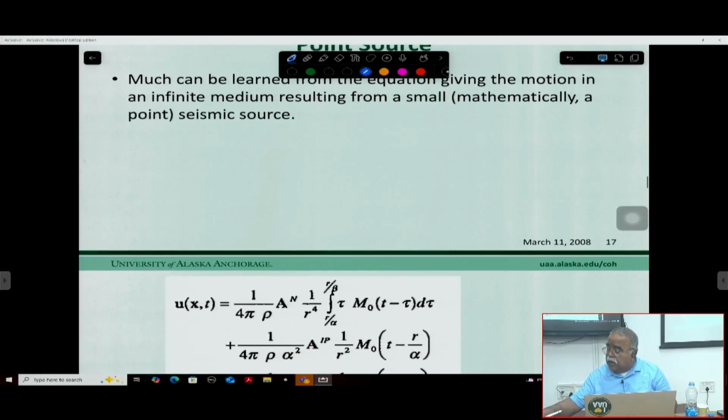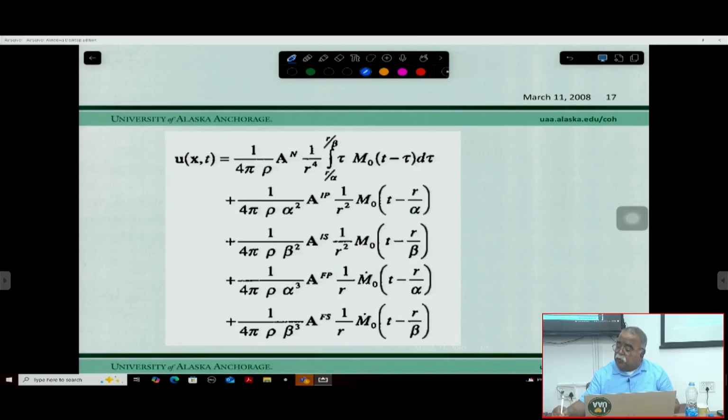So we have learned that if you have the displacement, then that displacement will be equal to 1/4 pi rho, right? So that part will be common for everyone. 1/4 pi rho, 1/4 pi rho, these are all the same.